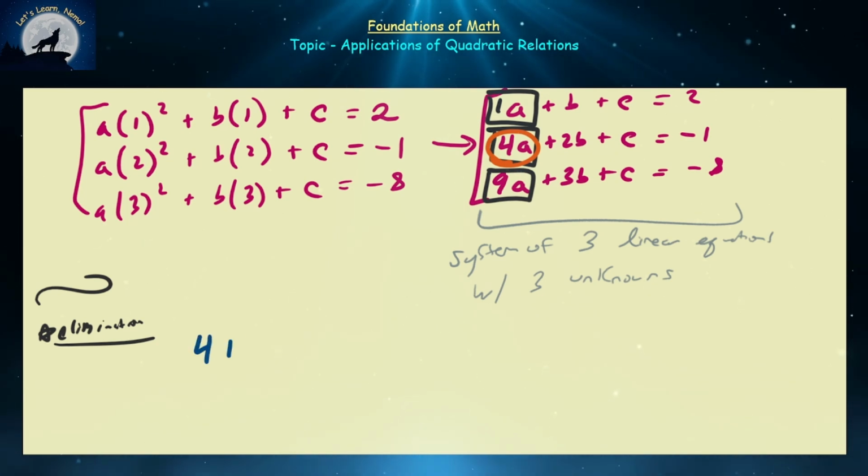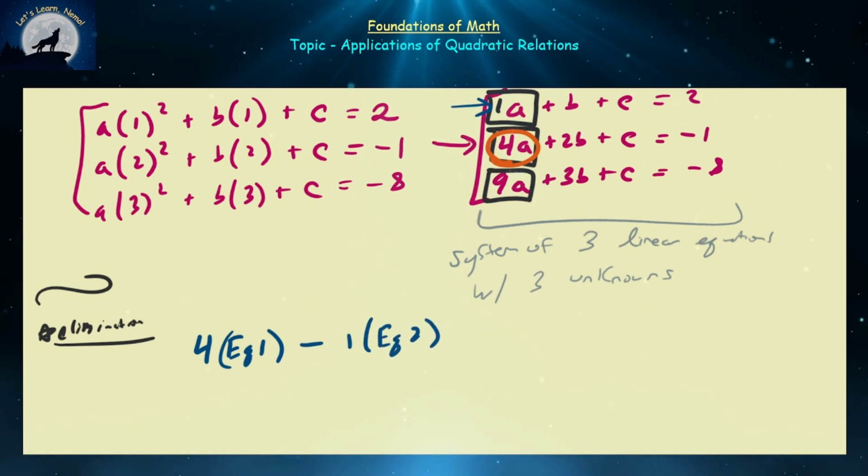Let me walk through what that question actually looks like mathematically. If I multiply equation 1 by 4, that's going to be 4 times 1, equal to 4, and I subtract 1 times equation 2, because the coefficient in equation 2 is 4. So 4 times 1 minus 1 times 4 is equal to 0.